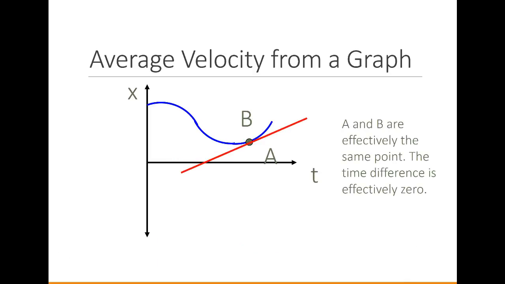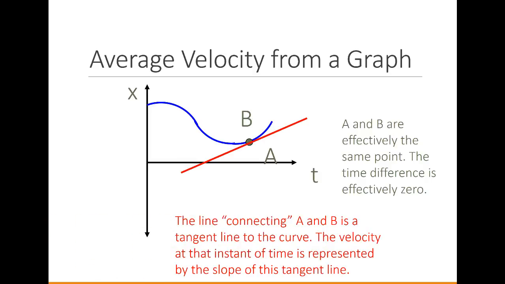And eventually we get to this point where A and B are effectively the same point. The time difference is effectively 0, and the line is not really a line. It is a tangent to the curve. And so the velocity is represented by the slope of this tangent line.